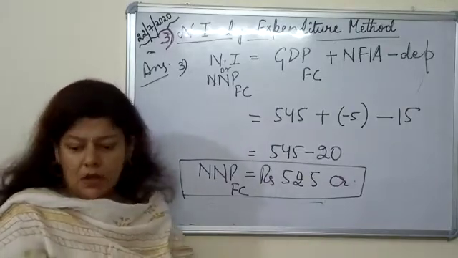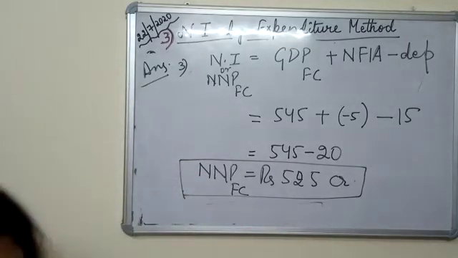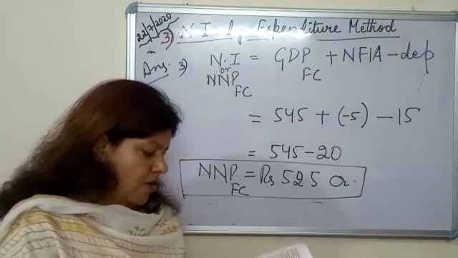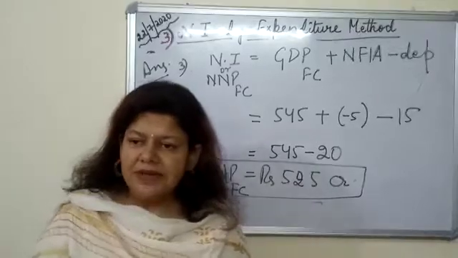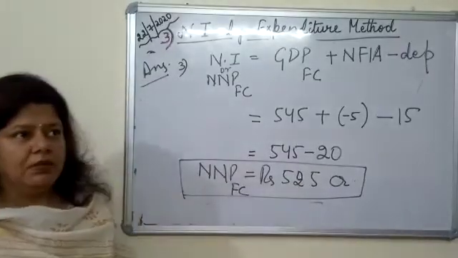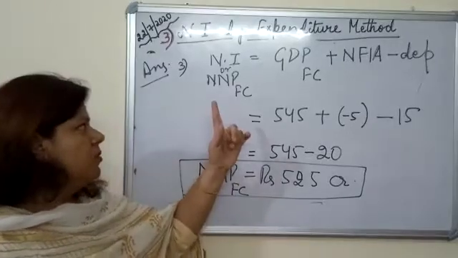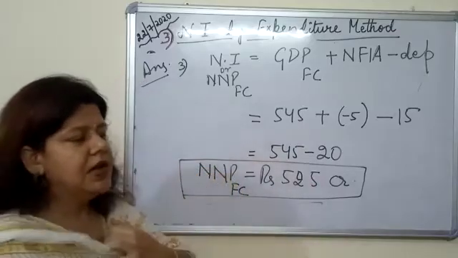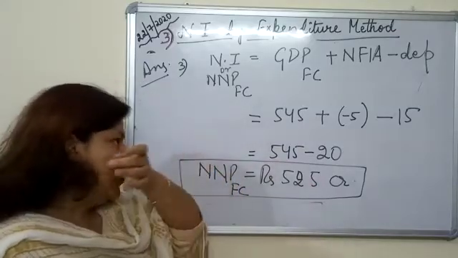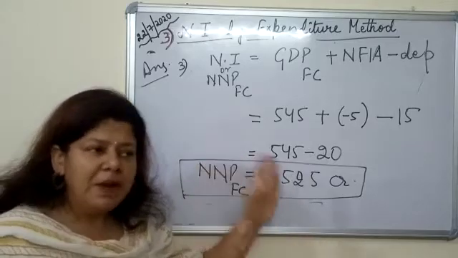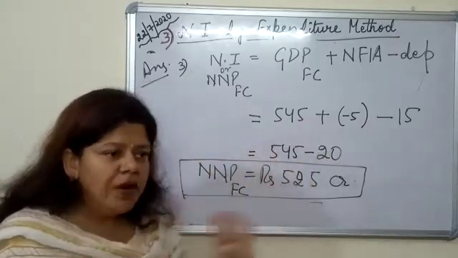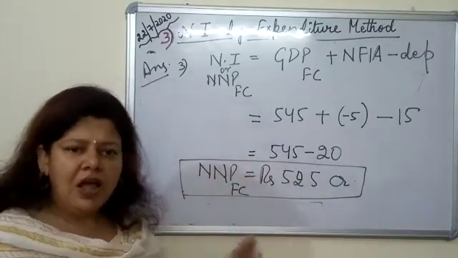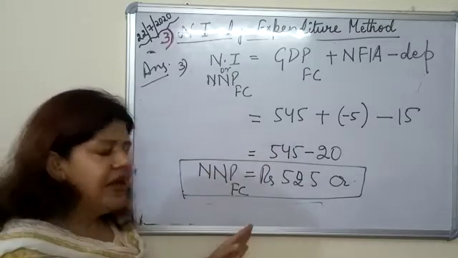So students, now we have done this by solving. Now what are the precautions while we are taking this expenditure method? First most important thing is you will cover the final goods. Again and again I am telling you, you will only take the national income which is based on the expenditure on the final goods. No intermediate goods expenditure is taken into consideration, otherwise you will have the problem of double counting.